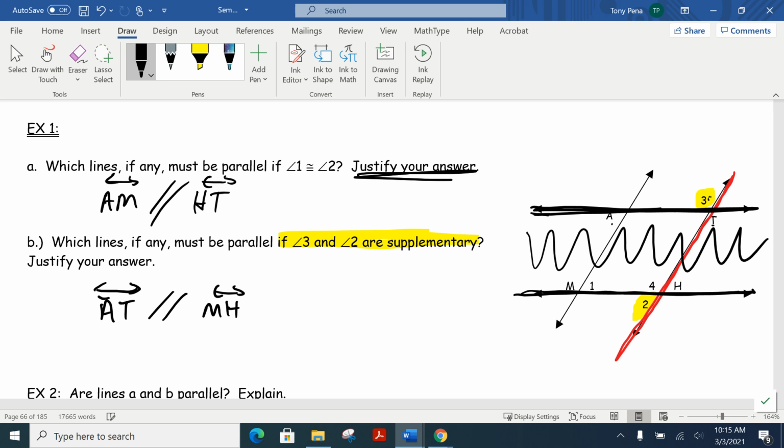Oh, I should be justifying these also, by the way. So the reason for this one is same side exterior angles are supplementary.